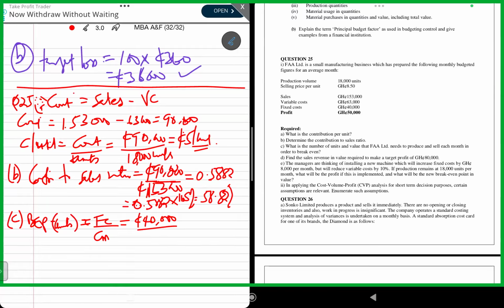What is the contribution margin? 5 cedis per unit. So what's the break-even point in units? 8,000 units.